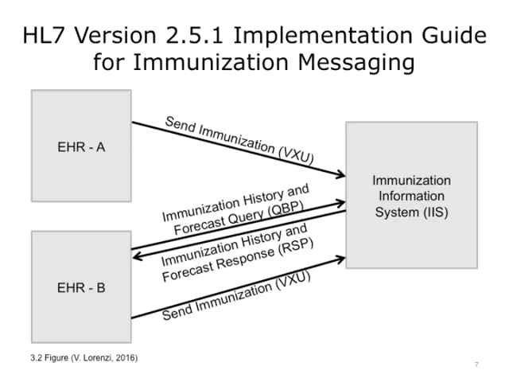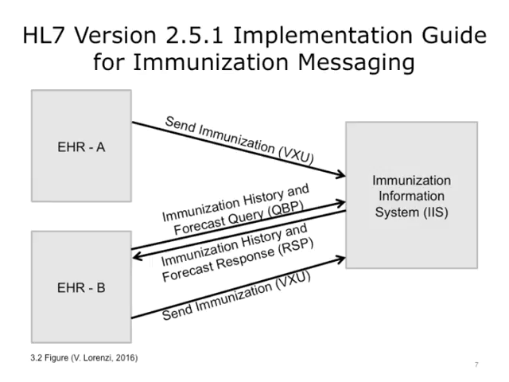Note that it is using the VXU, or Unsolicited Vaccination Update message, to send the immunization information. With ONC 2015 certified technology, an EHR can first query for a complete history of a patient's immunizations and even a forecast of what immunizations will be required using the HL7 QBP message.